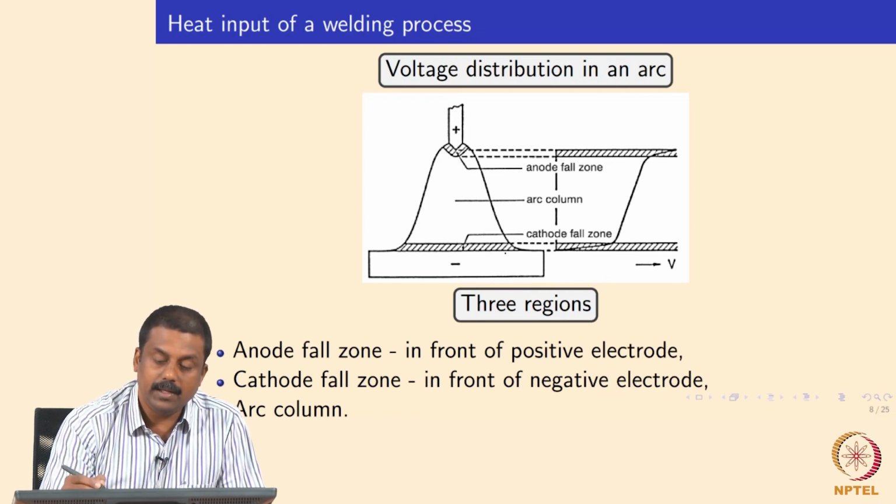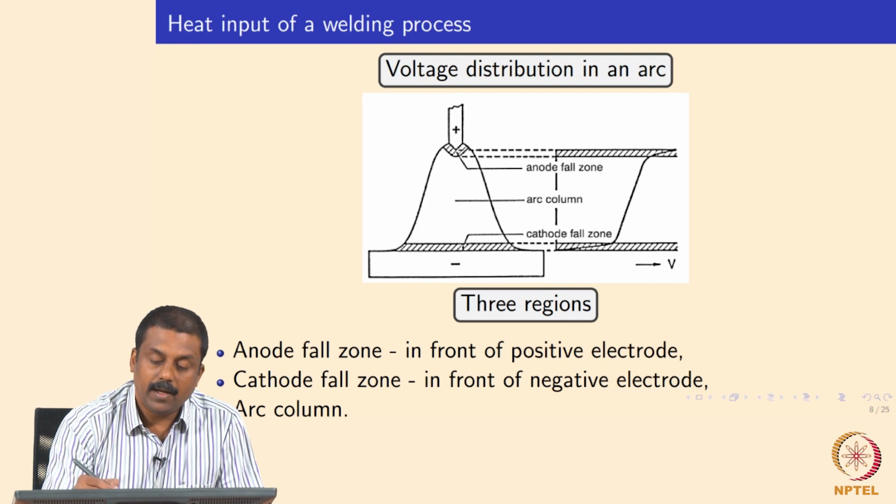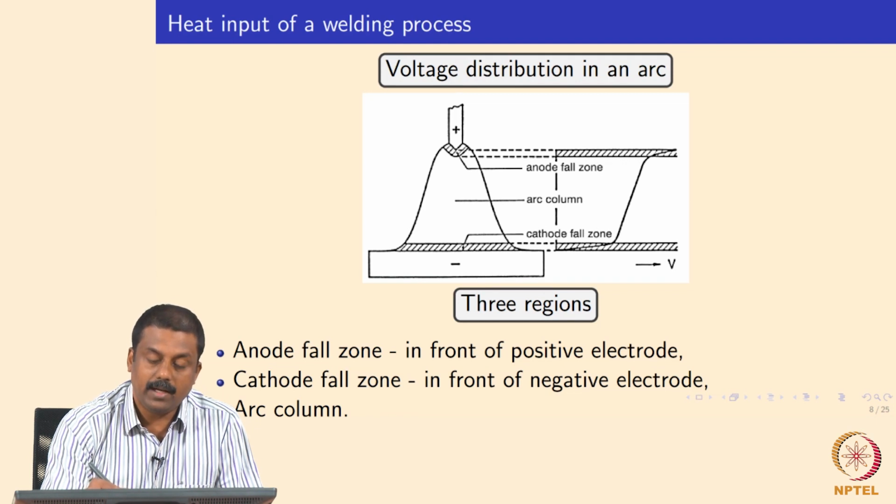If you look at the voltage distribution, you have a more or less constant voltage along the arc column, and because of the accumulation of electrons in the anode fault zone, and the accumulation of positive ions in the cathode, you have a steep voltage gradient in these 2 regions.